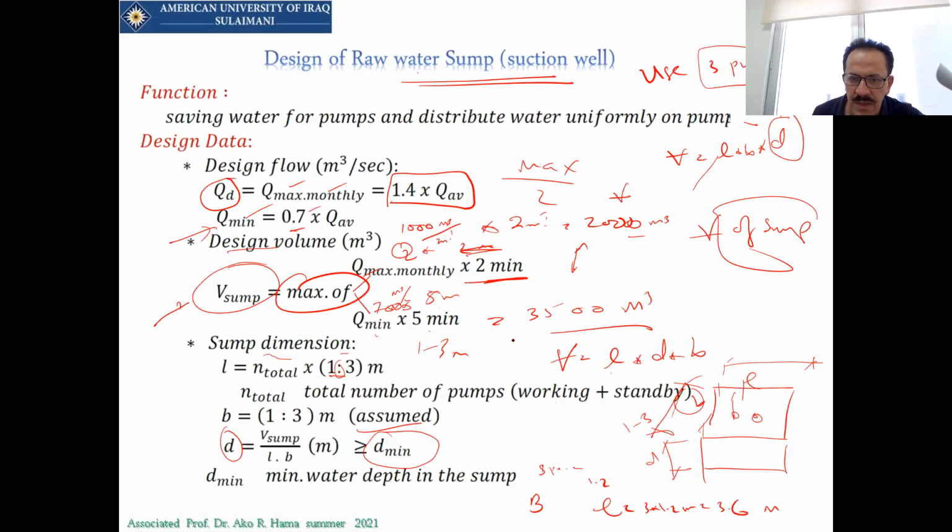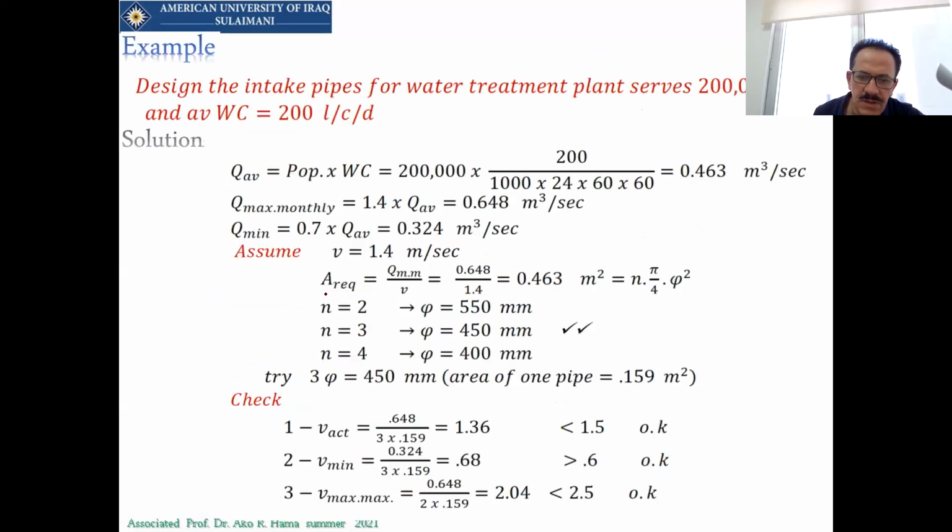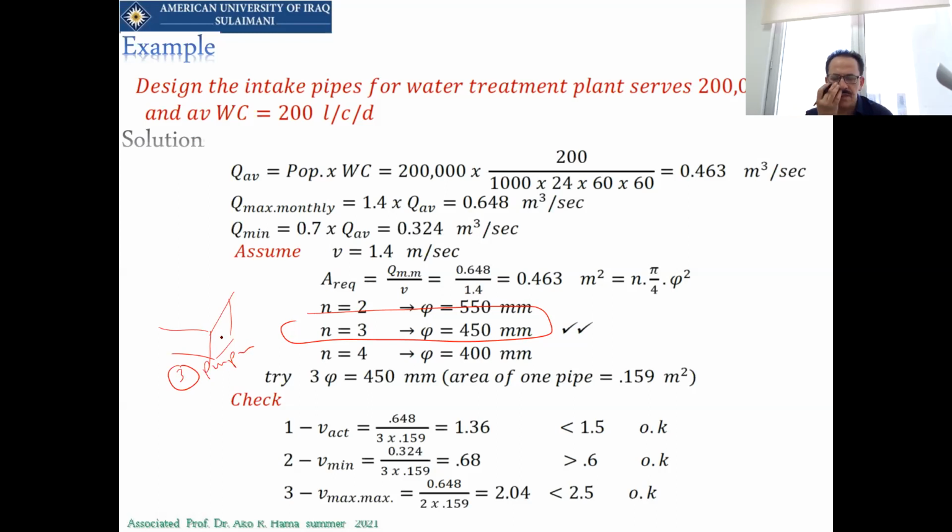Now we found the number of the pipes, here's 3. In this pipe we have 3 pipes, but with the sump tank, we need to have 3 pumps. So do this homework and please submit it to me by tonight.